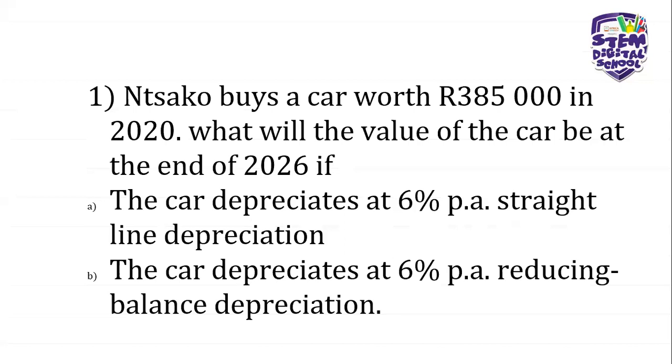In other words, we need to compare the two types of depreciations. And of course, in order to come to a conclusion and to be able to check which one would be the right option to go for, should you have such an option when it comes to buying a car.